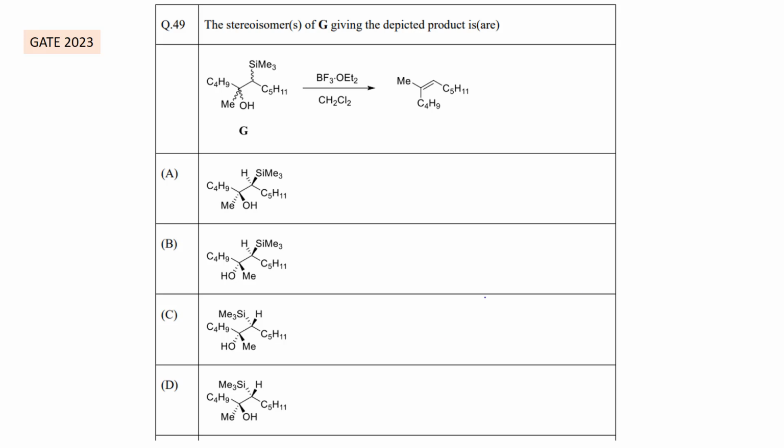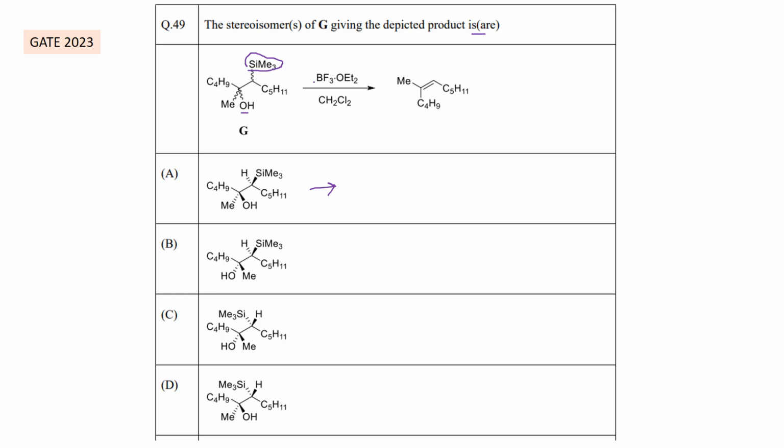So let's try to perform the reaction for each of the substrates, and let's see for which one. It can be multiple answers. So first we have to see, silicon is given, so this is Peterson elimination. Whenever silicon and OH are given, that means it's a Peterson elimination.